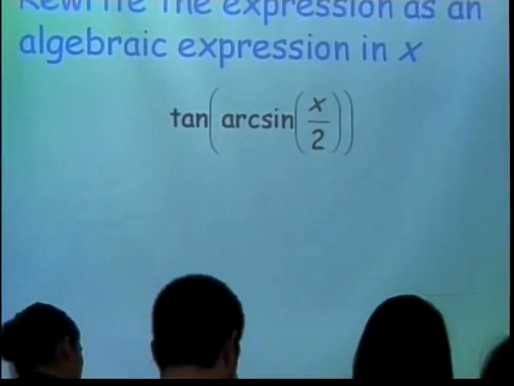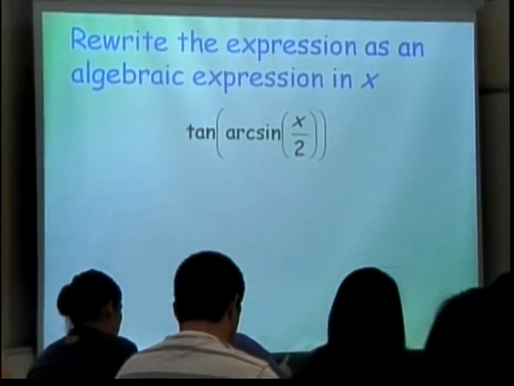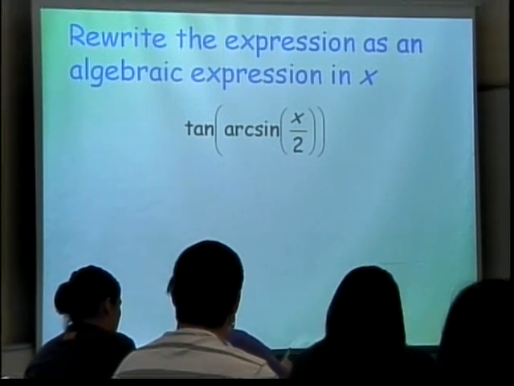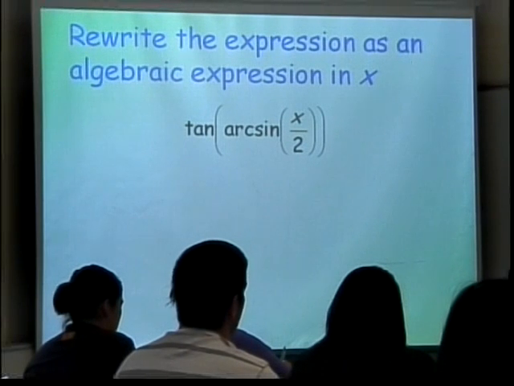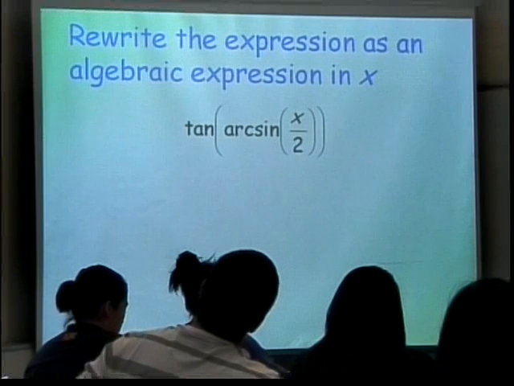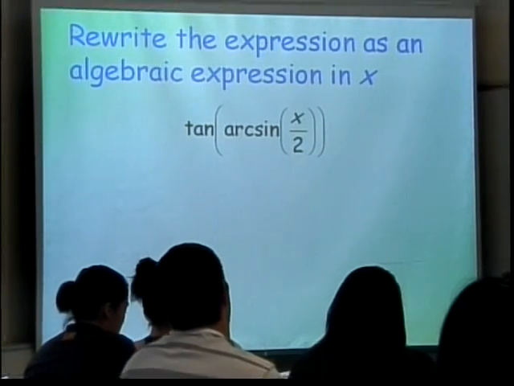This one, there's no way we can do by saying, oh, well, you should know what the arcsine of x over 2 is, because what's x? We have no clue. So how in the world are we going to solve this? Well, here's the way we can do these.